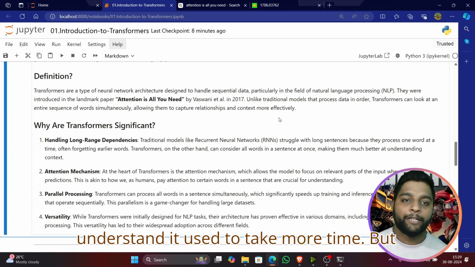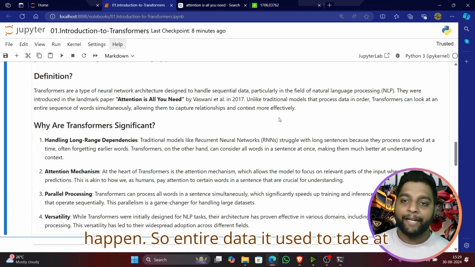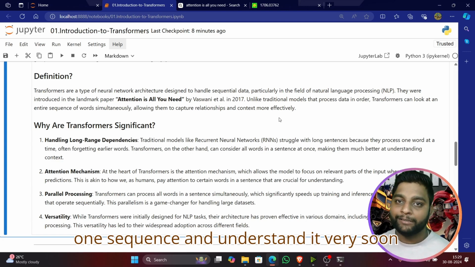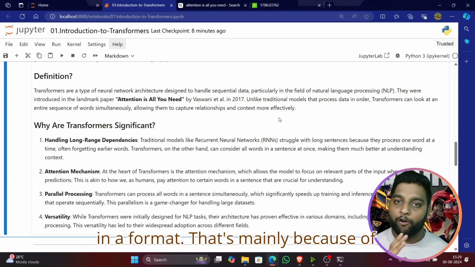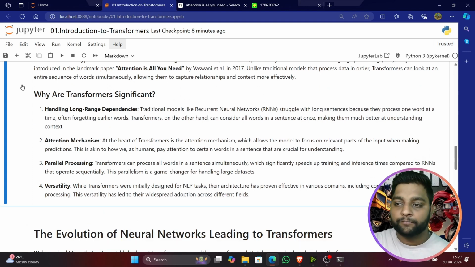But here in transformers, the entire data is taken as one sequence and understood very quickly. That's mainly because of their positional encoding, which I'll explain in detail as we go forward.